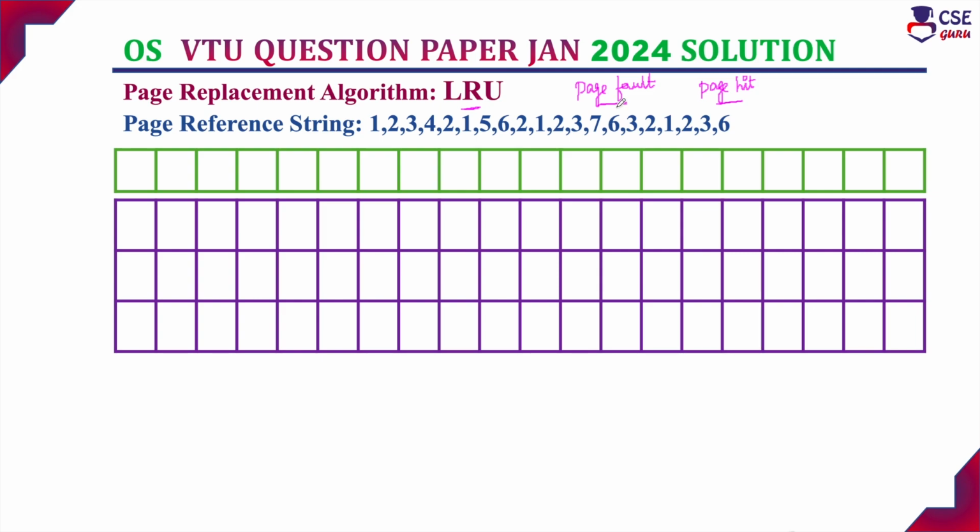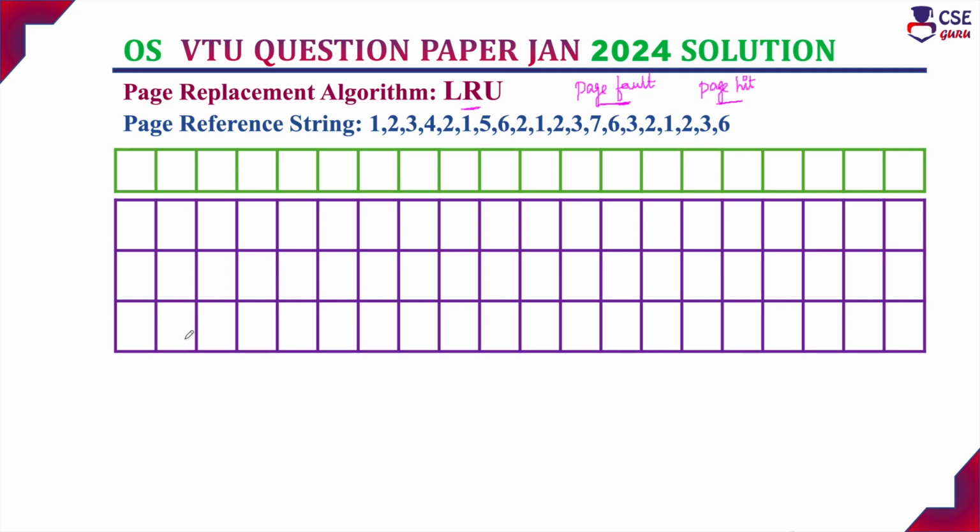Suppose the reference page is not available in main memory, that is called page fault. So whenever page fault happens, you need to select one page in the main memory.